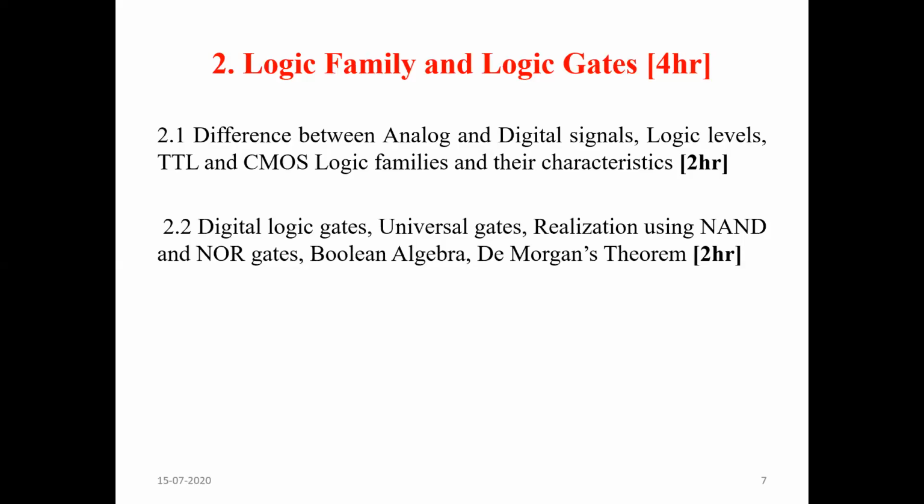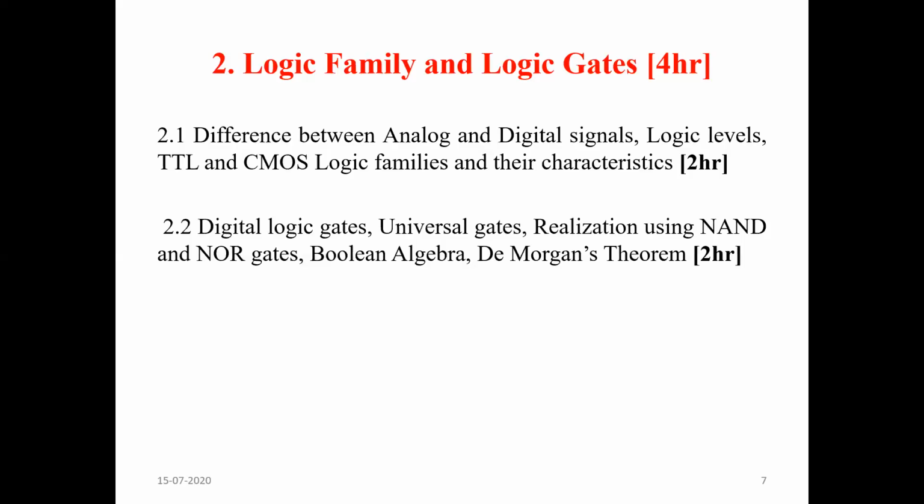Now there are only two logic values, 0 and 1. Combinations of this 0 and 1 we give to the input. What should be my output? Now there are many logic gates in 2.2. Suppose I don't have all these logic gates with me, then I cannot implement a particular circuit. So we have something called a universal gate.